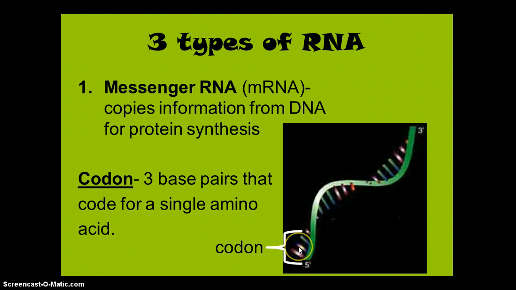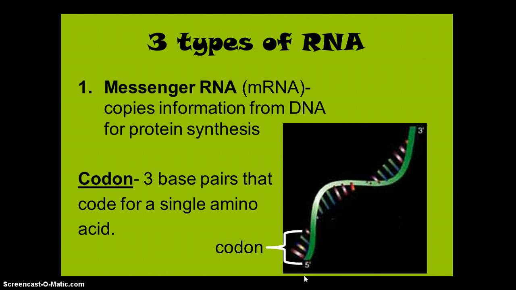Now, on messenger RNA, we have something called a codon. And this is 3 base pairs that code for a single amino acid. Now, if you'll remember, the nitrogen bases or nucleotides that we find in RNA are adenine, uracil, guanine, and cytosine.